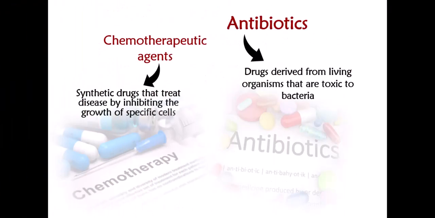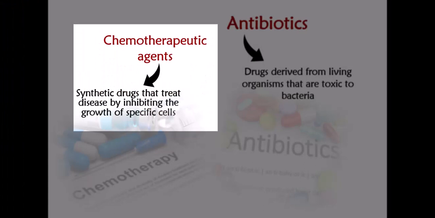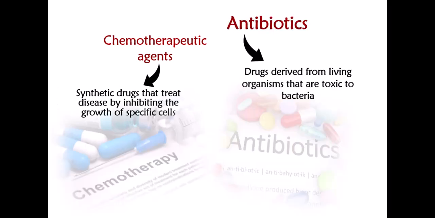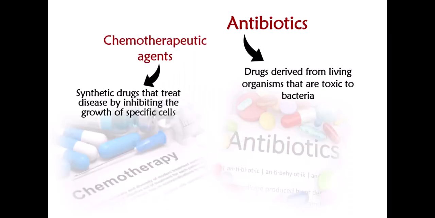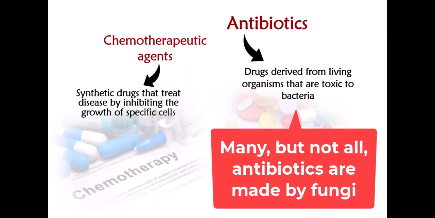Technically, a chemotherapy agent is a synthetic compound used to treat disease, including, but not limited to, infectious diseases, whereas an antibiotic is a biologically produced compound that is toxic to microbes. Many antibiotics are produced by fungi, which is why that moldy bread and moldy cheese and soil sometimes worked for treating bacterial infections.